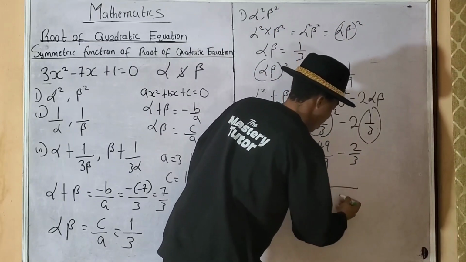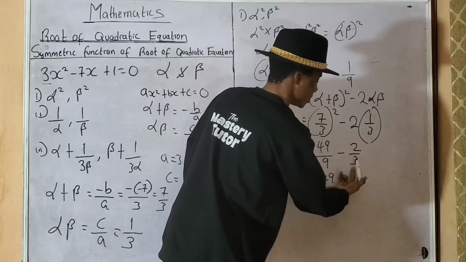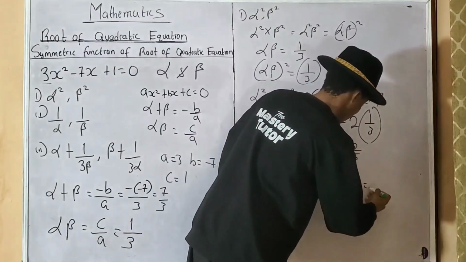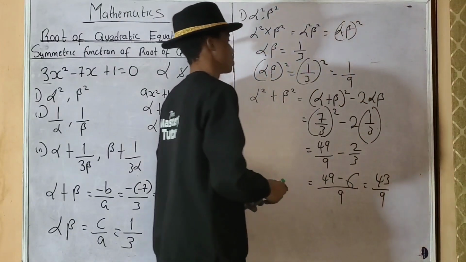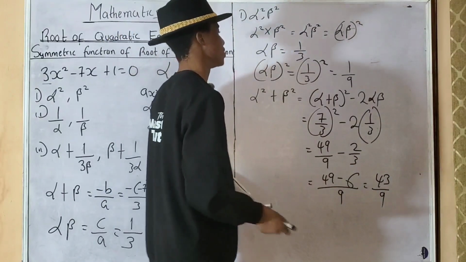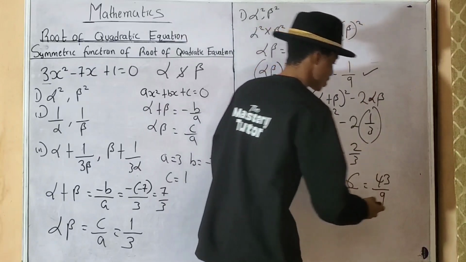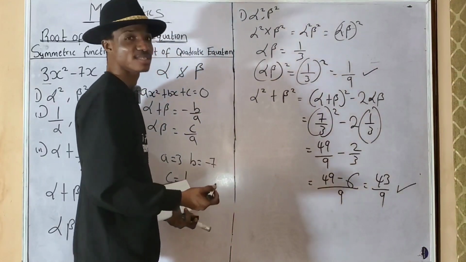The LCM here is 9. So 49 minus, 9 divided by 3 is 3, 3 times 2 is 6, so 49 minus 6, which is 43. So 43/9. Now we've gotten the product of the roots as 1/9 and the sum of the roots as 43/9. Our goal now is just to substitute it.